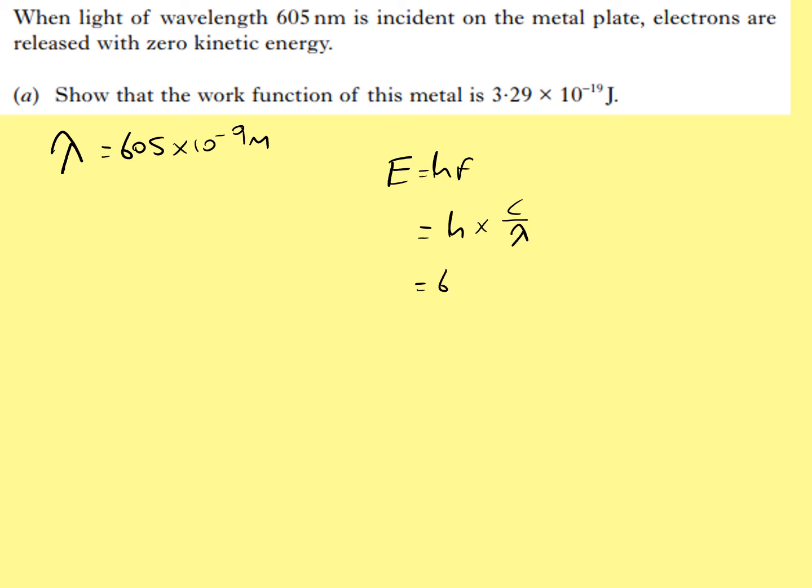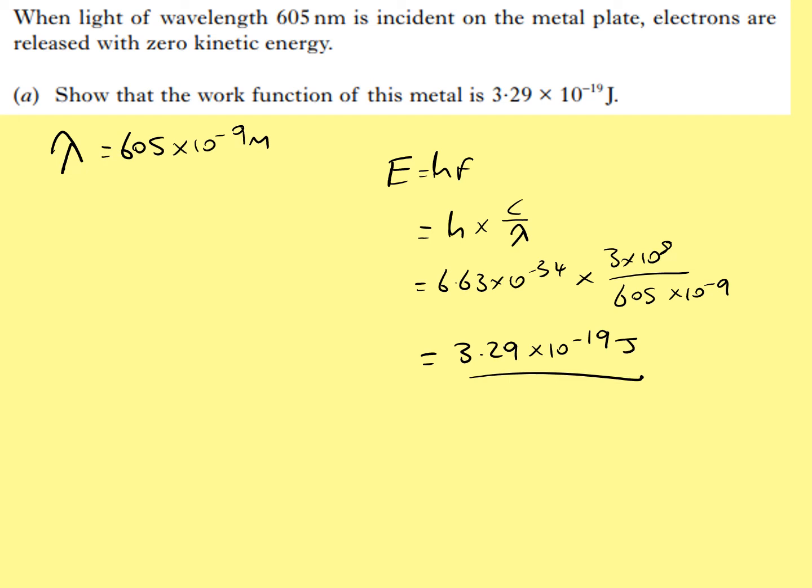So that's 6.63 times 10 to the negative 34 multiplied by 3 times 10 to the 8 divided by 605 times 10 to the negative 9, which equals 3.29 times 10 to the negative 19 joules.